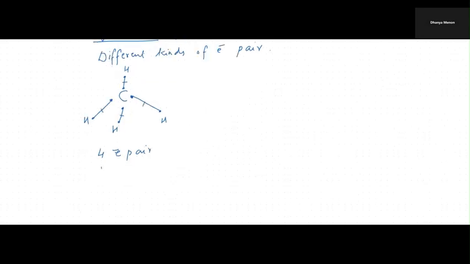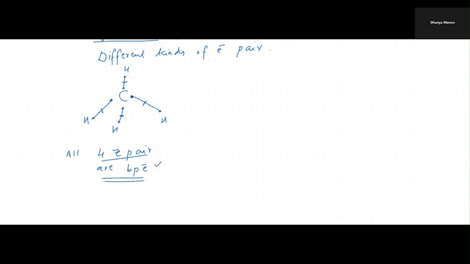All these four electron pairs are what kind of electrons? Bond pair electrons. So 1, 2, 3, 4. In all these four bonds, there are four pairs of electrons, right? All of the same type. What kind of electron pair is it? Bond pair electrons.